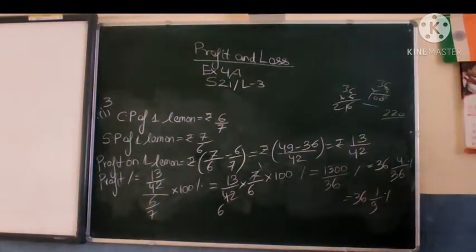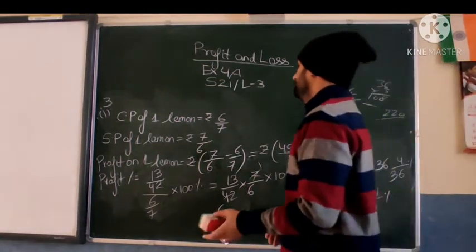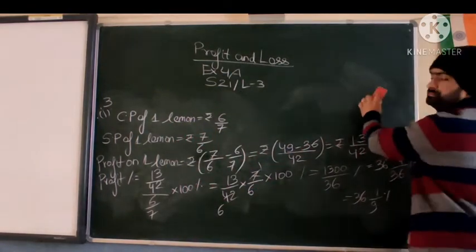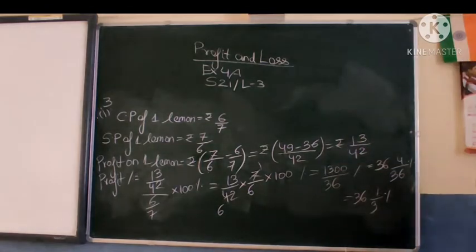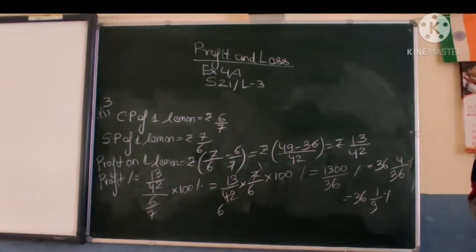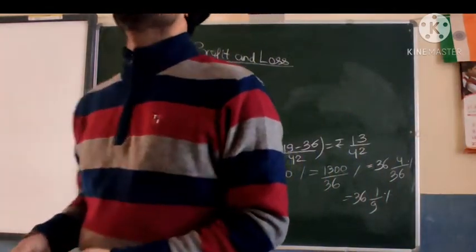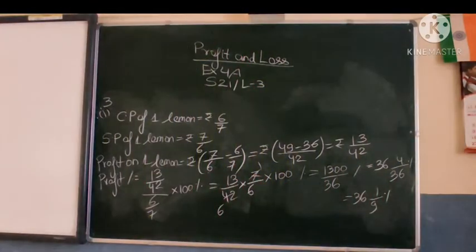Then what is the second part? The second part says, how many lemons will she have to sell to earn a profit of 65 rupees. Now see, this part you can also do in terms of the unitary method.